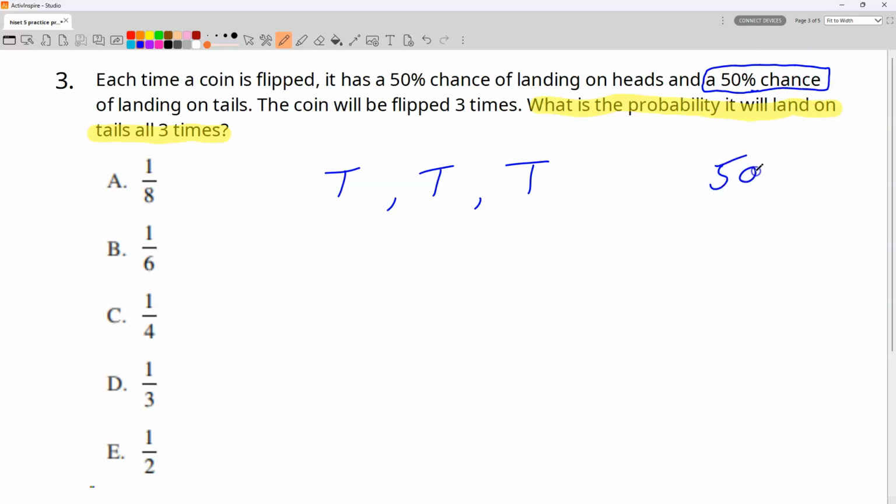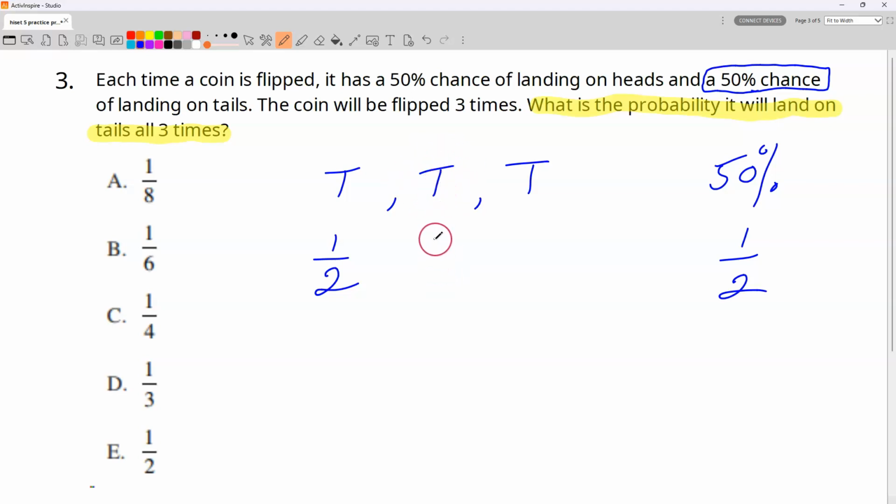Hopefully you remember that 50% is the same as 1/2. I explained that in terms of money in the previous part, but that's a good thing to keep in your memory. 50%, same as 1/2. So for it to land on tails the first time, I have a 50% chance, which I'll write as 1/2.